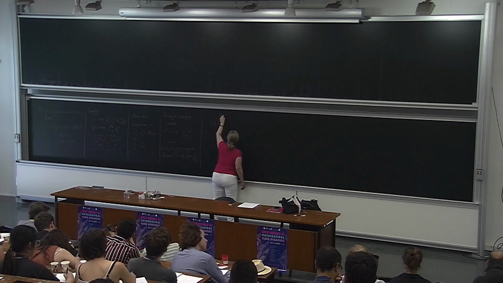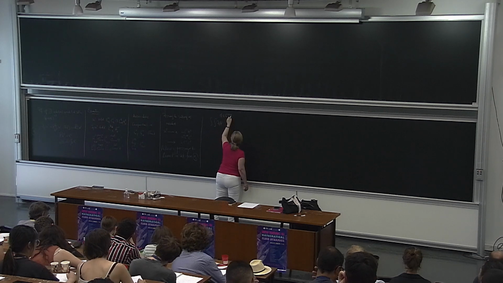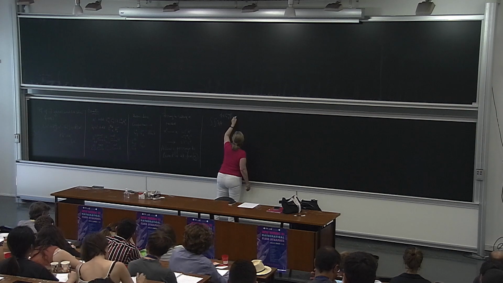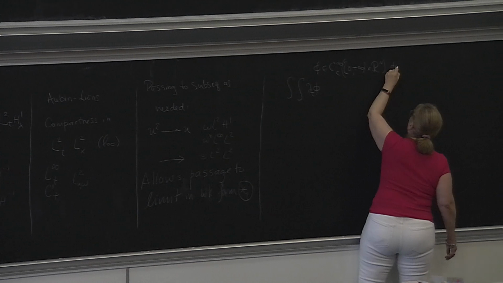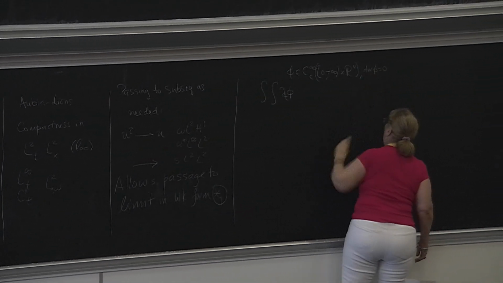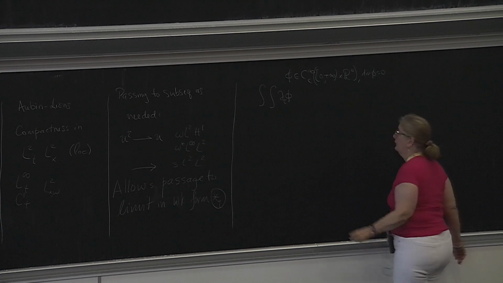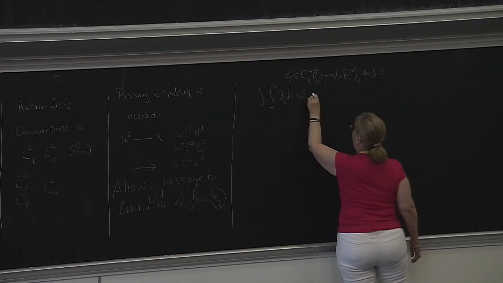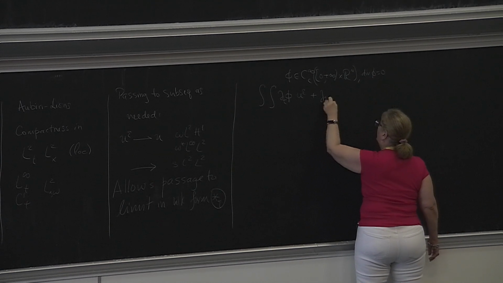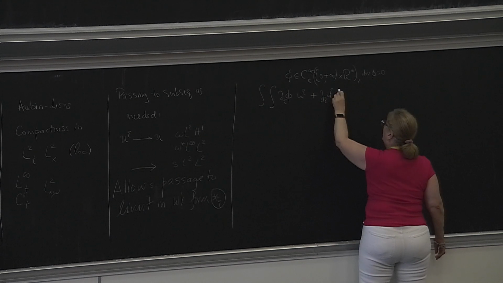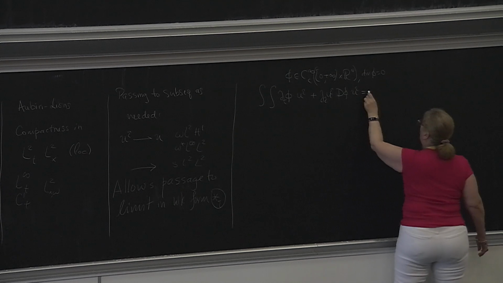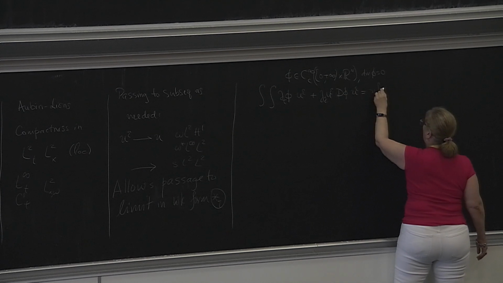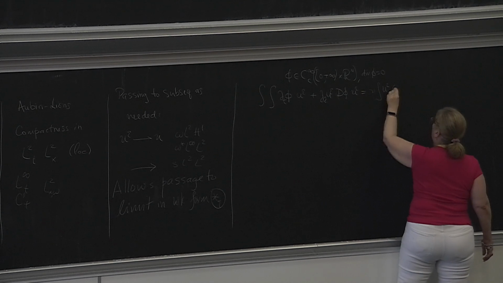So phi is some C-infinity compactly supported, divergence-free vector field. So I multiply the PDE by this, and I get the integral of J epsilon U epsilon, d phi, U epsilon, equal to nu U epsilon Laplacian phi.